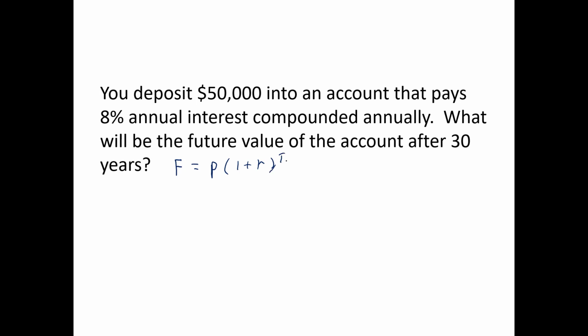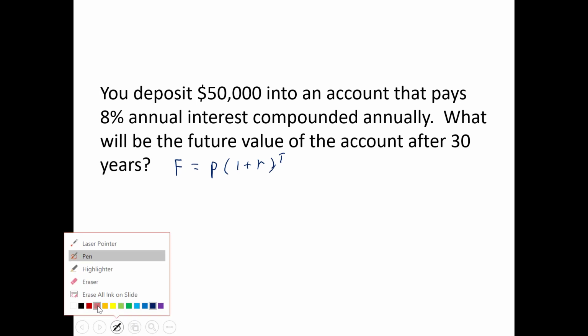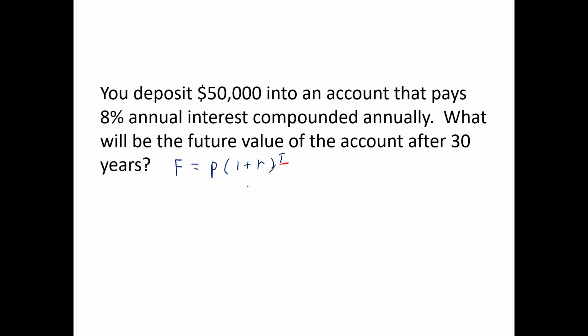And if you remember, T is going to be the number of compoundings. T will equal the number of compoundings. R will be the growth rate per compounding.